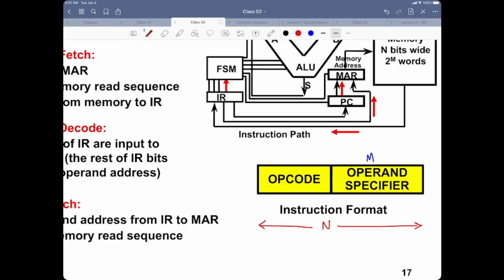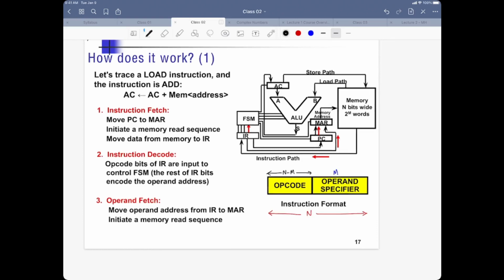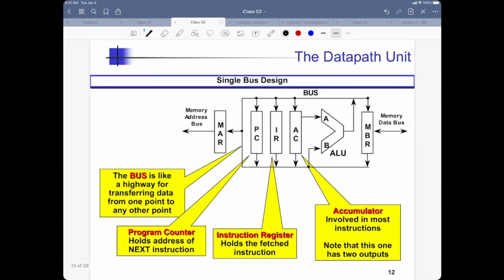So the number of opcode bits is n minus m. If you have 3 bits for opcode, you can carry out 8 instructions: 0, 0, 0 is add, 0, 0, 1, and so on. So how many operations can we perform now? 2 to the n minus m.